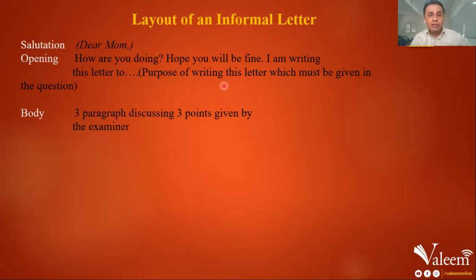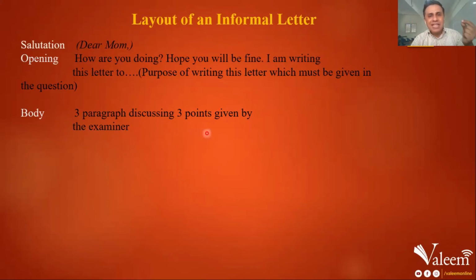And you know what is easy for you? The examiner will himself or herself give you 3 points to discuss. Examiner will give you in the question paper 3 points, and you have to discuss those 3 points in 3 different paragraphs, right? And those 3 paragraphs will be your body. Body, 3 paragraphs discussing 3 points given by the examiner, okay?